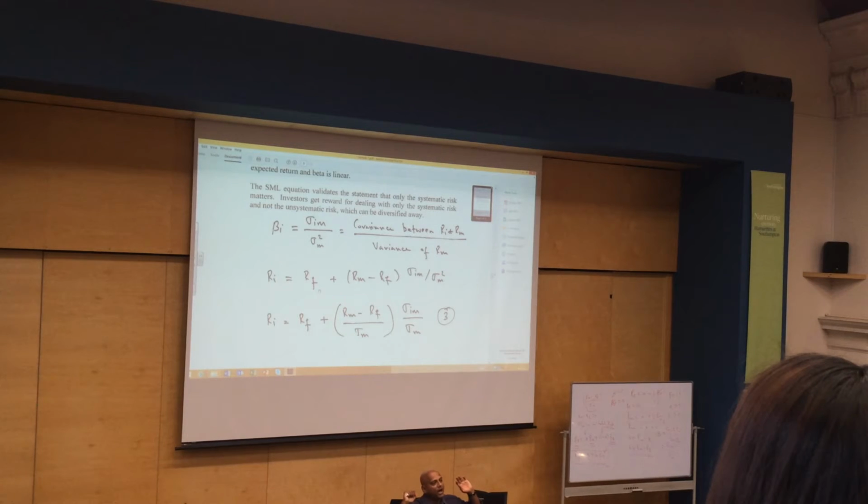Given that, why is the beta of the market portfolio equal to 1?